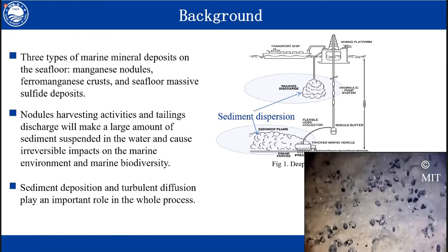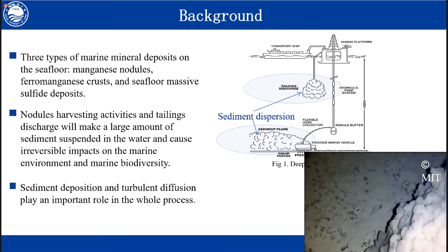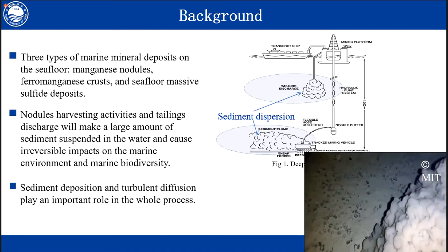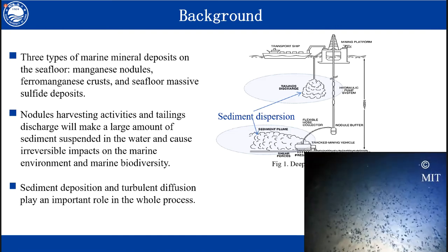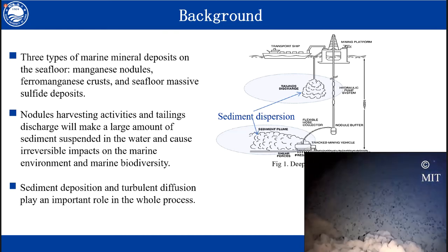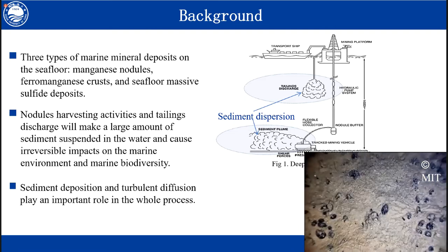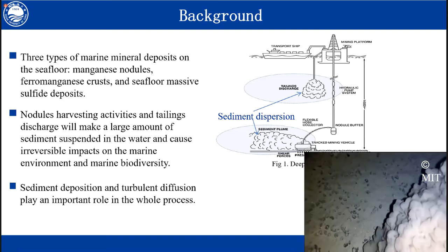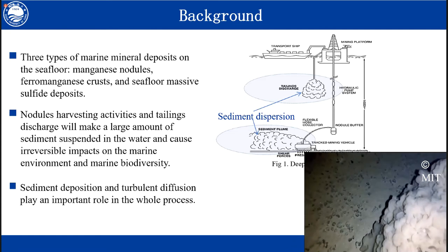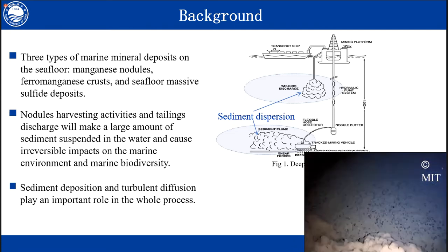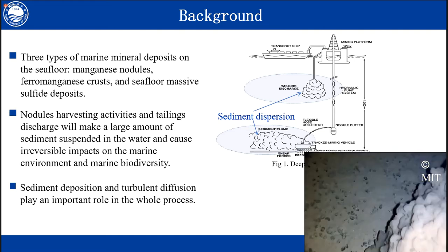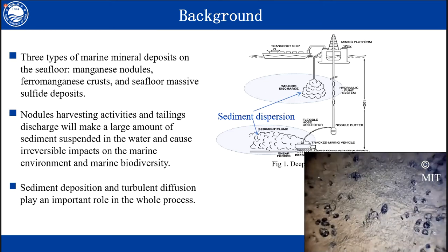People are starting to pay much attention to deep sea mining, and deep sea mining refers to three types of marine mineral deposits on the sea floor: the manganese nodules, the ferromanganese crusts, and the seafloor massive sulfide deposits. With these machines and the procedure to get the deep sea minerals, we can see some machines disturb the seabed and hydraulic pumping to the platform and release the sediments there.